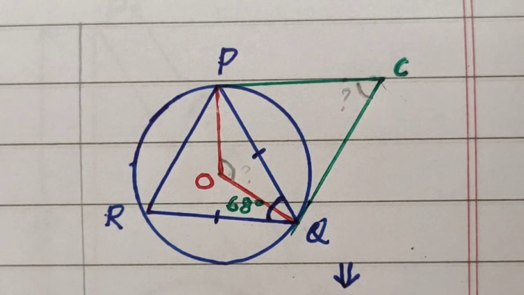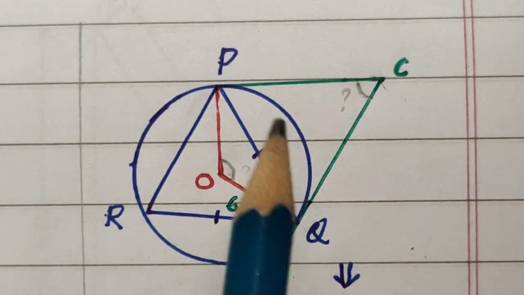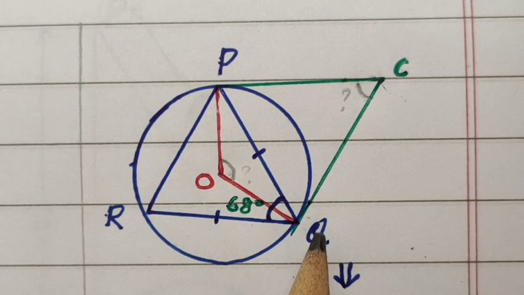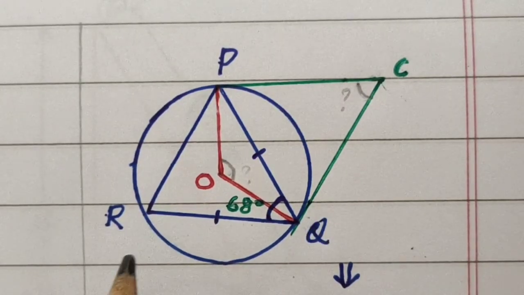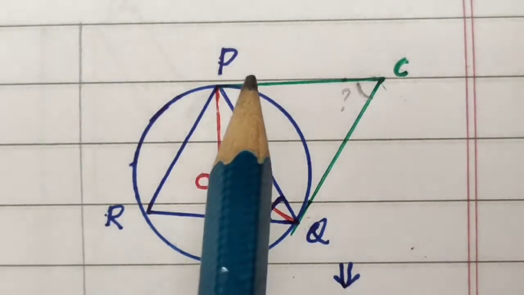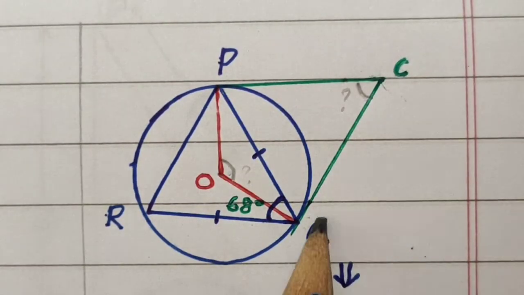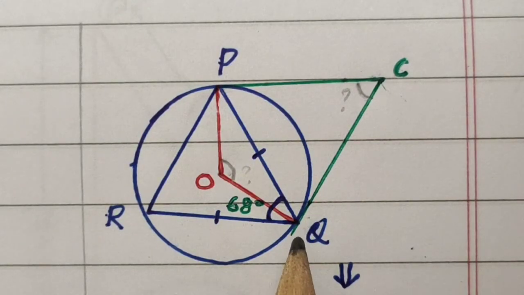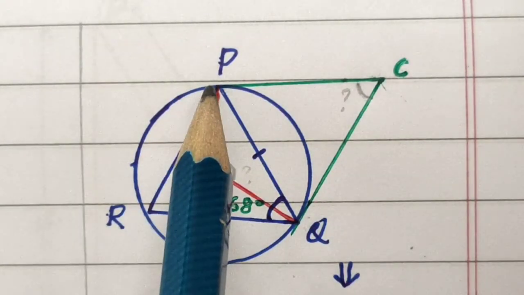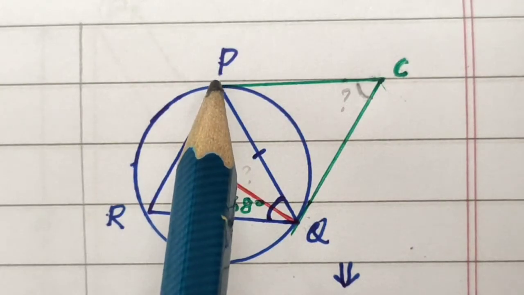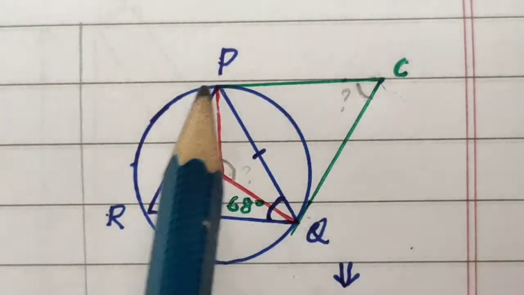In the given figure, PQ is equal to QR, and PC and QC are tangents to the circle with center O. We need to calculate the values of the angles QOP and QCP.